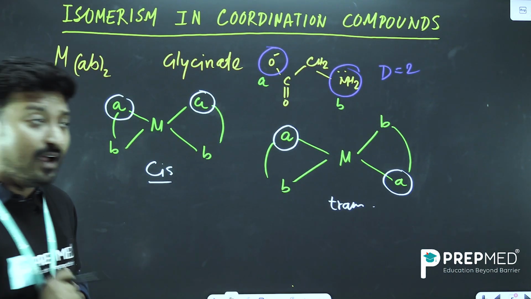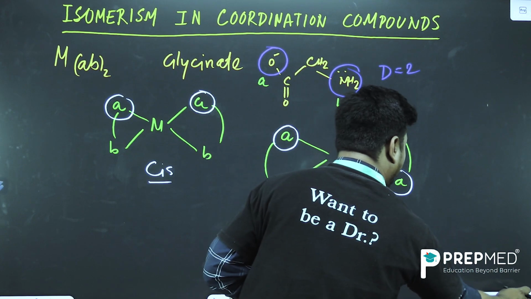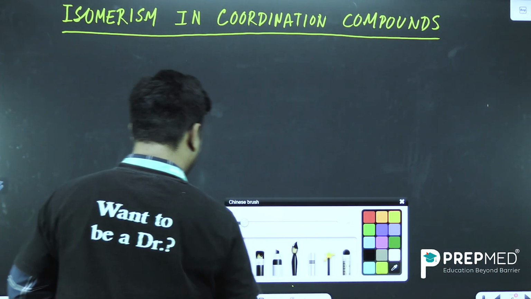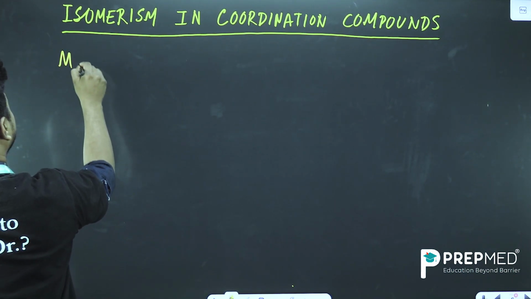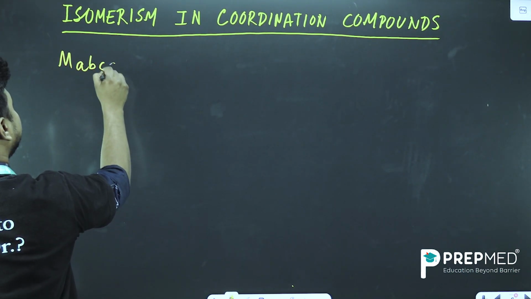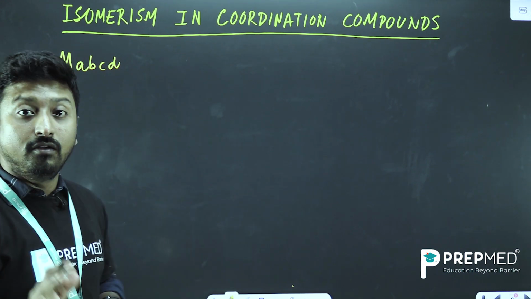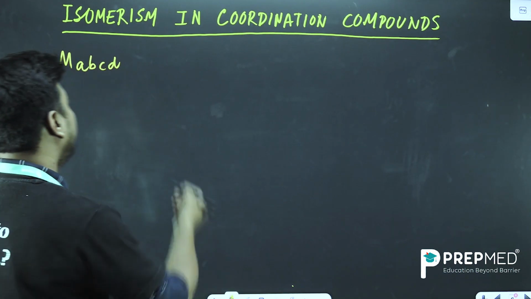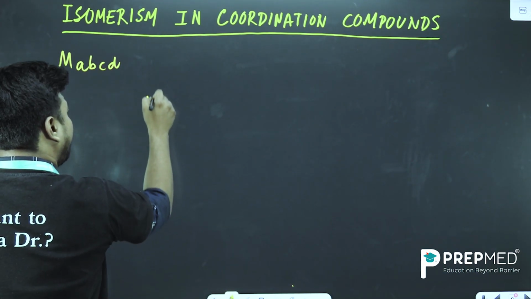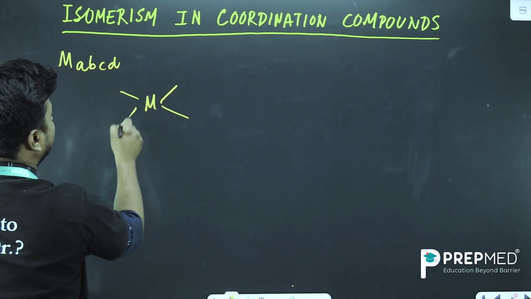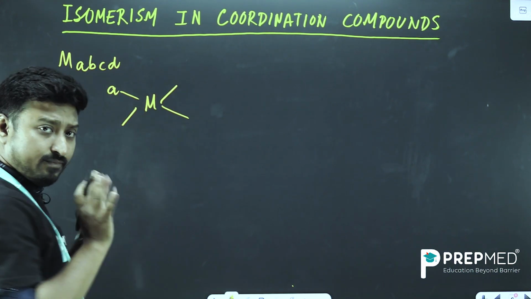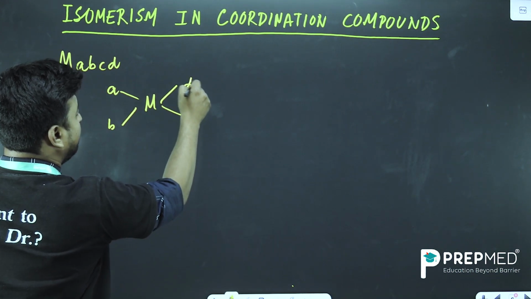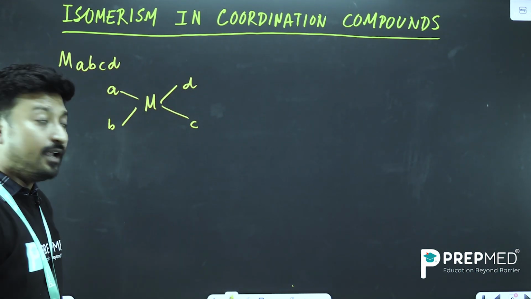Okay. And the last one remaining here is M, A, B, C, D. That means all 4 ligands are completely different. Let's see, one by one. M. First, let's draw in this way. It is a trick to do. A, B, C, D. Okay. Now what will I do?